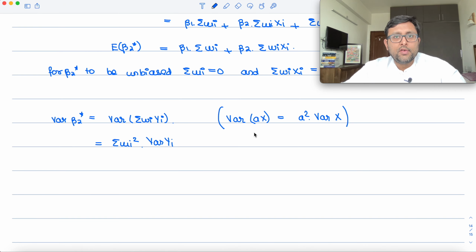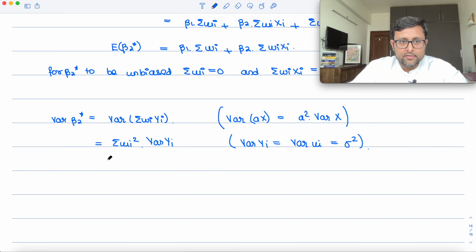So the variance of yi is dependent upon the variance of ui, which is sigma square, the homoscedastic variance.